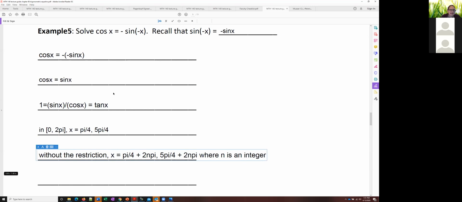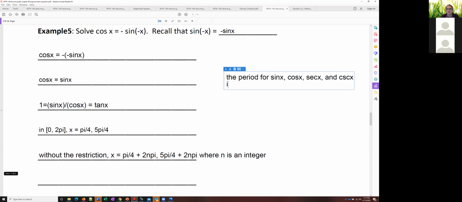Now, tangent's a little bit special because remember, the period for sine x, cosine x, secant x, and cosecant x is 2 pi. The period for tangent x and cotangent x is just pi.